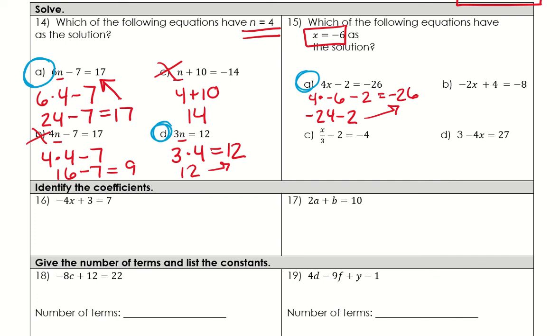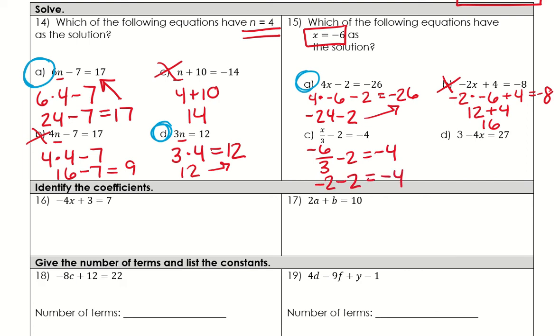In letter B, negative 2 times negative 6 plus 4 equals negative 8. Negative 2 times negative 6 is 12 plus 4. That's going to give me 16, so that does not work. Negative 6 over 3 minus 2 equals negative 4. Negative 6 over 3 is negative 2 minus 2, and that does equal negative 4, so C is an answer.